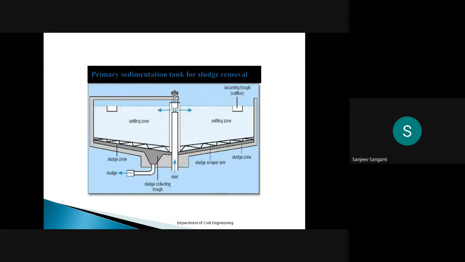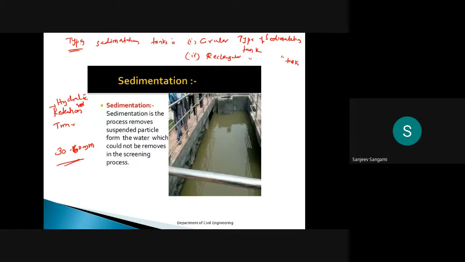You can see here. Okay, there is one more type of classification. Previously, what we did was based on the different shapes, circular and rectangular.